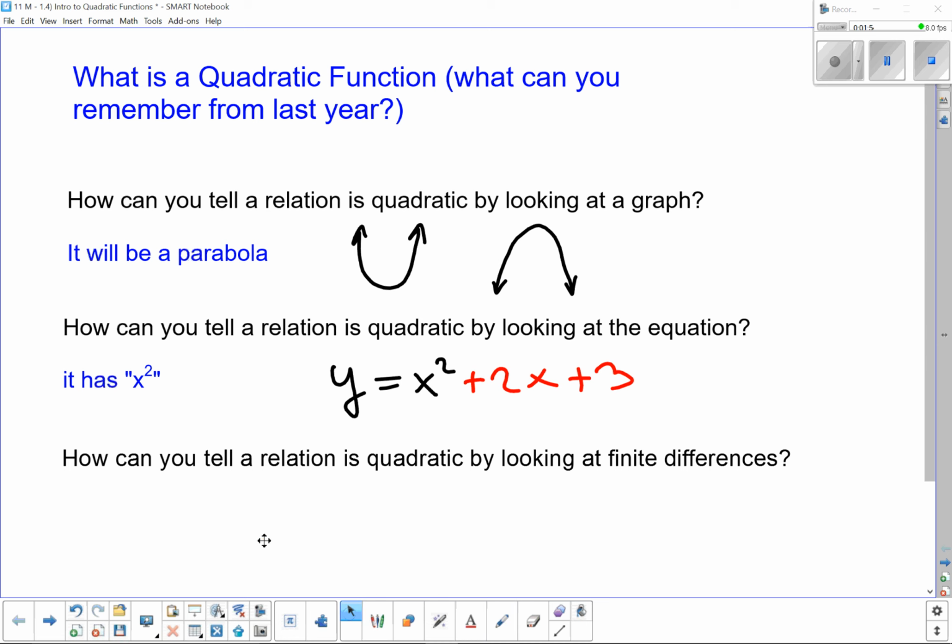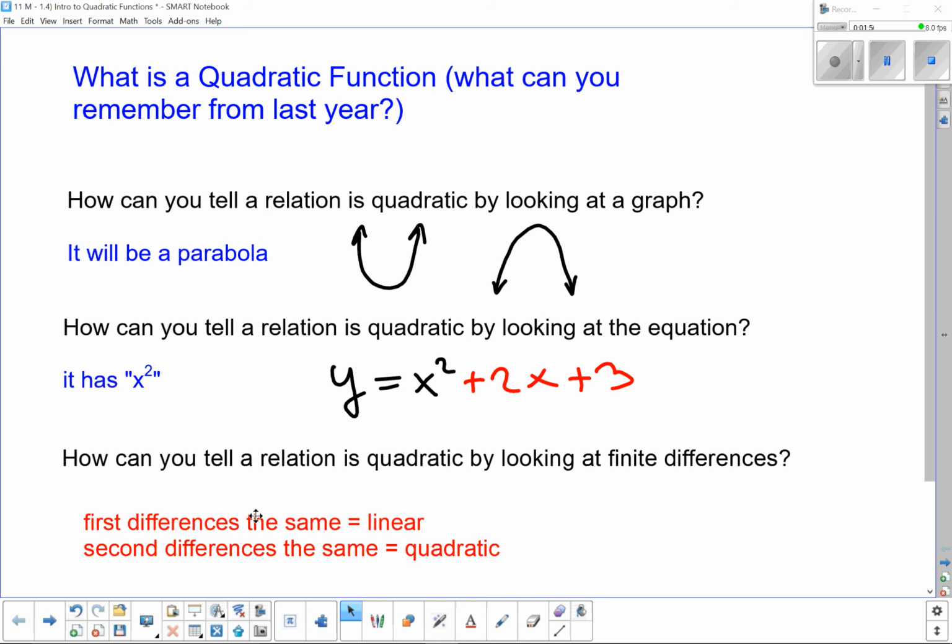The main thing is that if you have first differences that are the same, then you will have a linear function, and if you have second differences that are the same, then you will have a quadratic. So these two are important to us. If you don't get finite differences that are the same for linear or quadratic, there is a possibility that the relation that you have is some other function, but for us, we don't need to know that until later on.